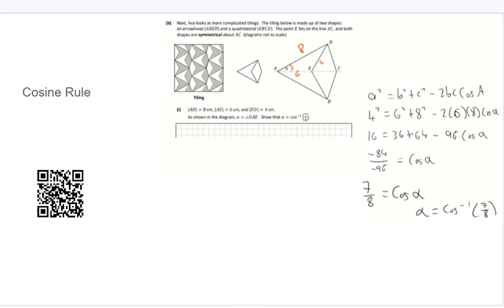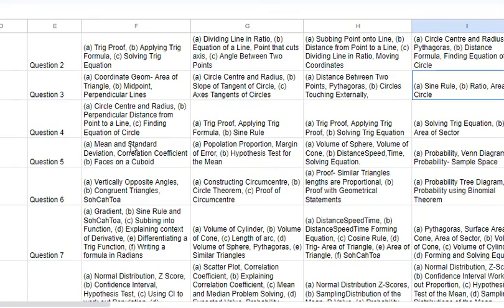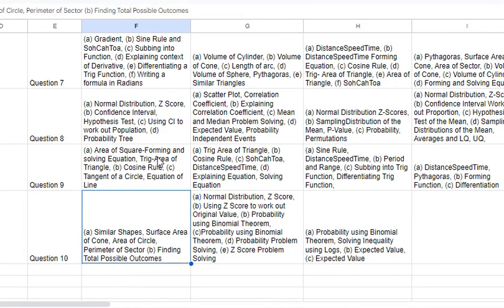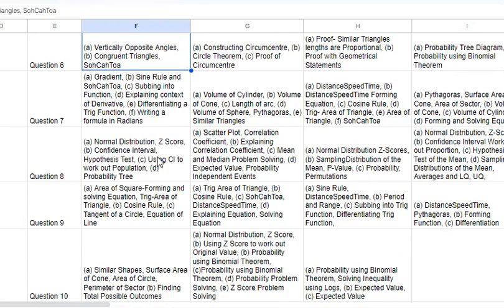Right, so cosine rule then. Similarly with sine rule, cosine rule is always there as well.